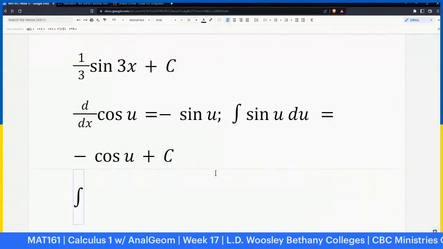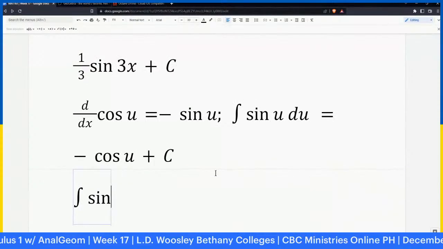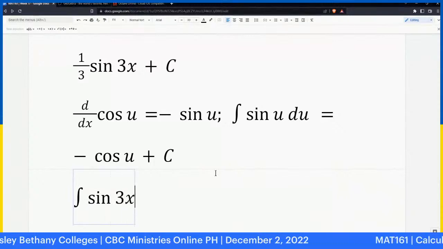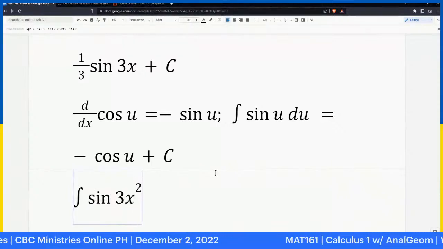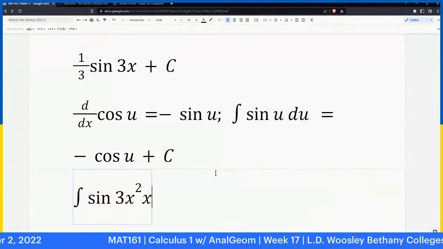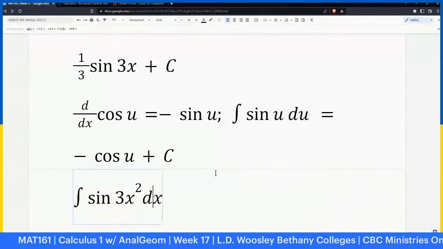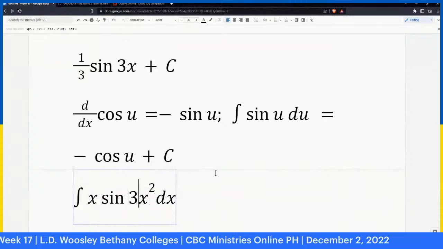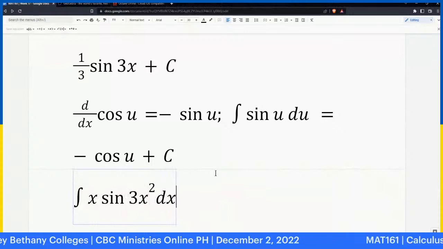Sige, sin ang gamitin natin. Sin of 3x squared dx. Sige, lagyan natin ito ng x. Sine 3x squared dx.